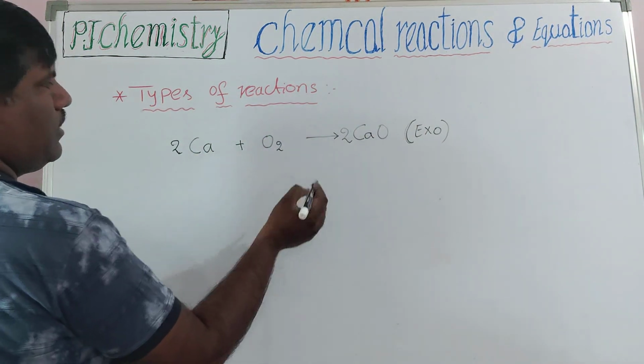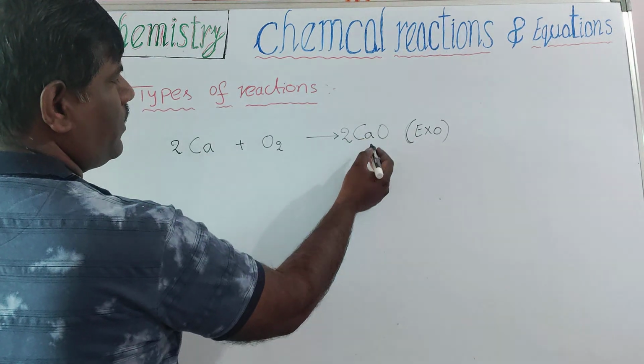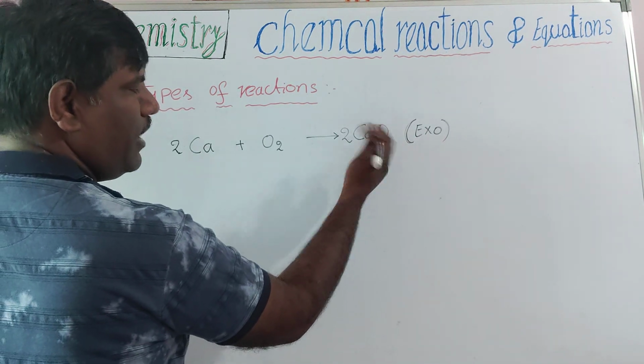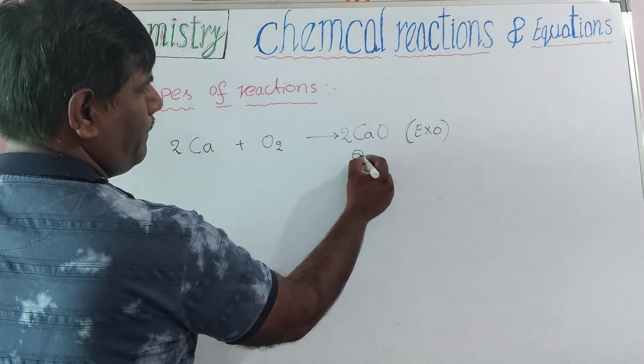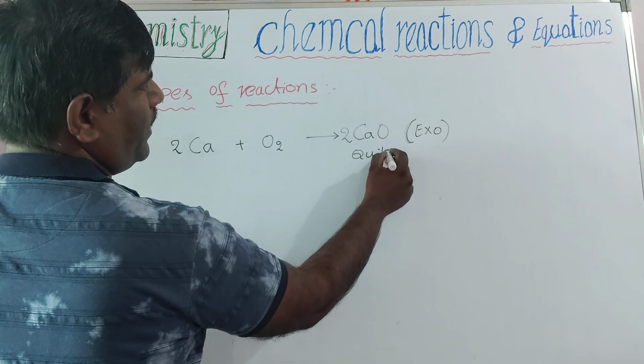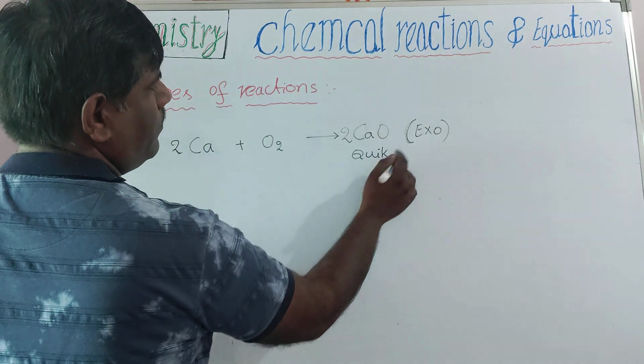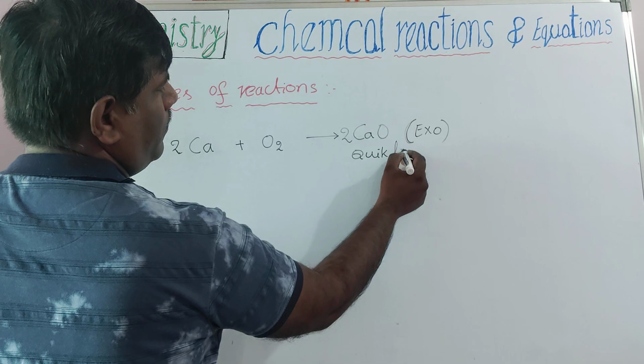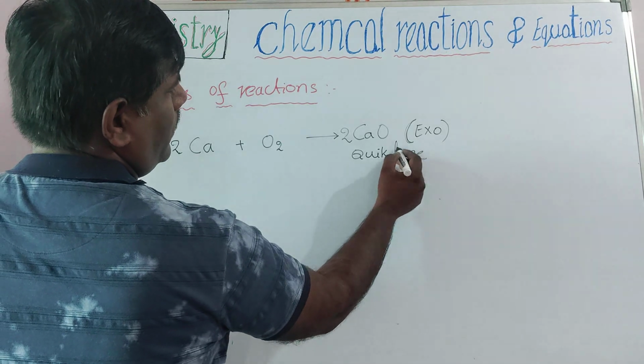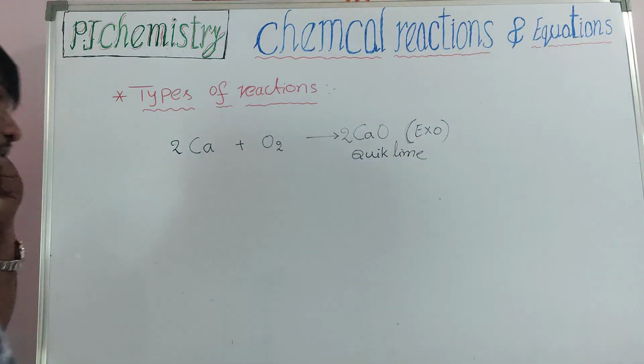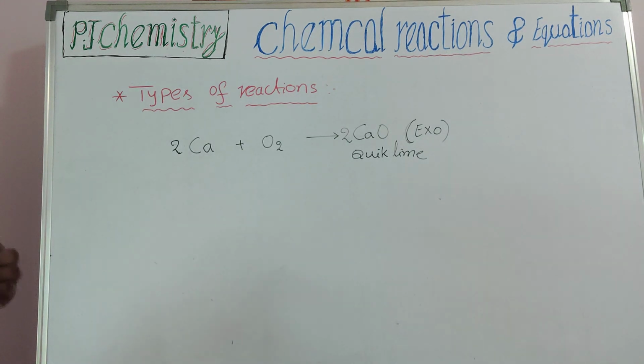Now another name for CaO, calcium oxide, is quicklime. Calcium oxide, another name is quicklime.